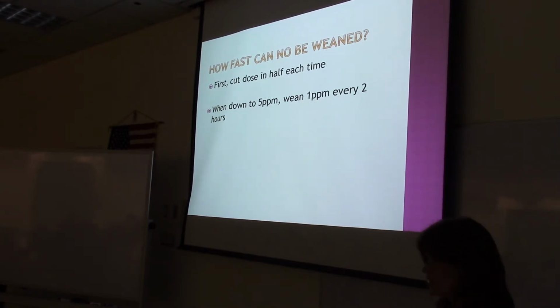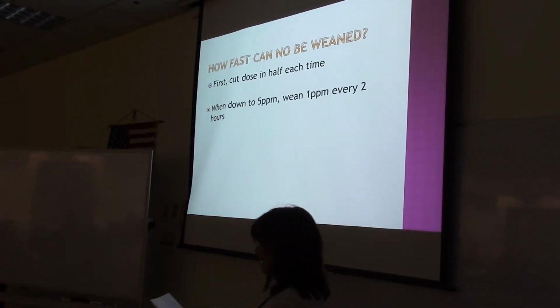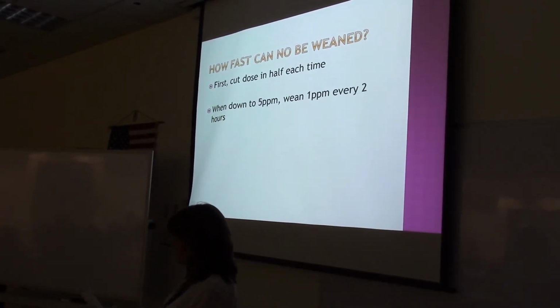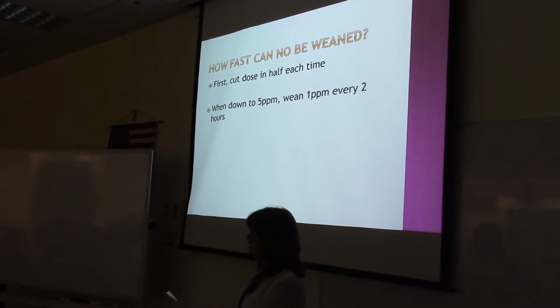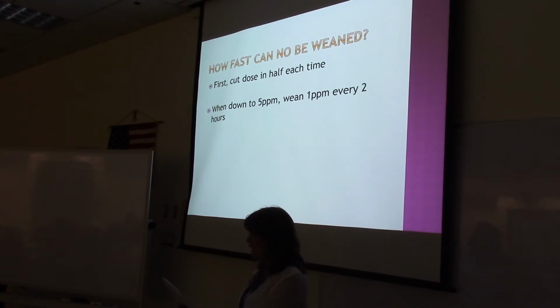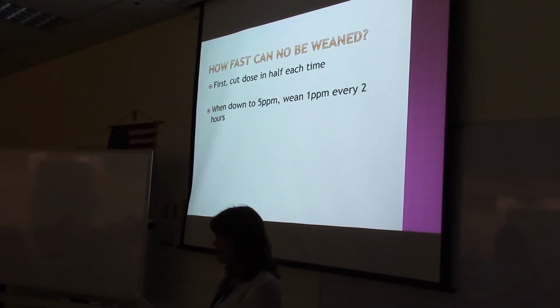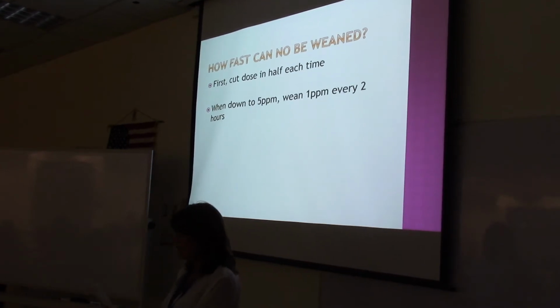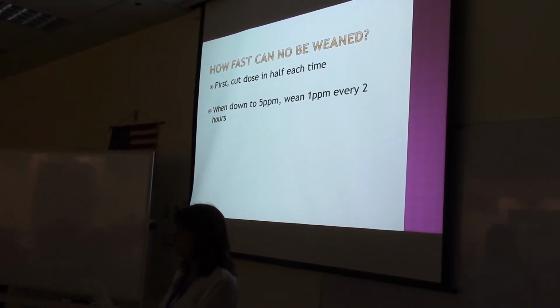In your notes, write this down: is the decrease in NO being tolerated? Check SpO2. Let me read the sentence and then you can write it. It says if FiO2 has to be increased by 20%, then the patient is not tolerating the wean.